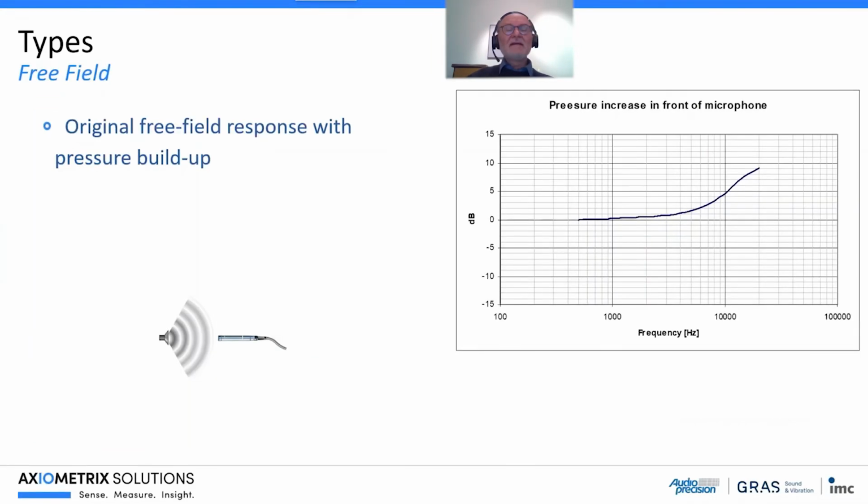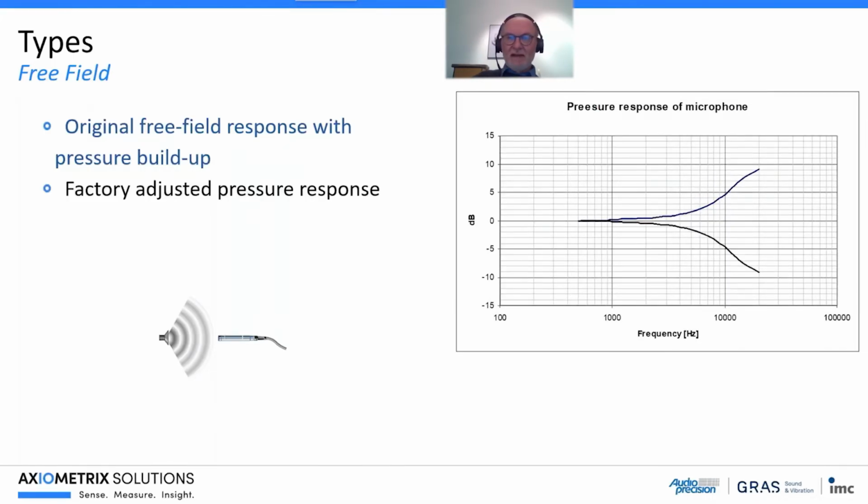When we place a microphone in a field pointing directly at the source, we will have a pressure buildup like we have here on the blue curve. But in the factory, when we adjust the free-field microphone, we adjust the pressure response like the black curve here.